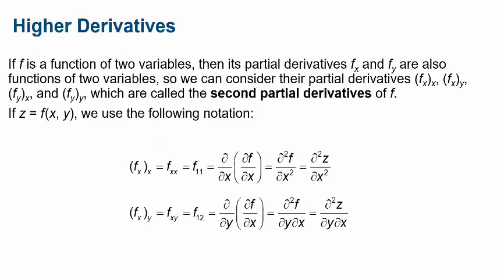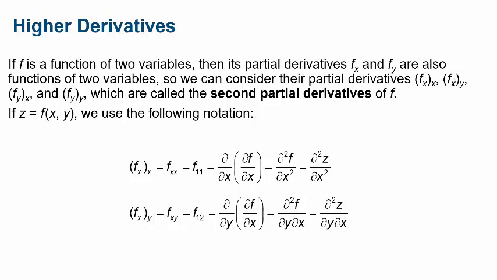All right, let's talk now about higher derivatives. So this is like taking the second and third derivative here. If f is a function of 2 variables, then its partial derivatives with respect to x and with respect to y are functions of 2 variables. So we can consider their partial derivatives a little bit more here. These are the second partial derivatives. You take the partial derivative of f with respect to x a second time.